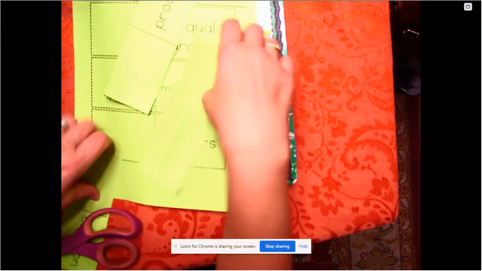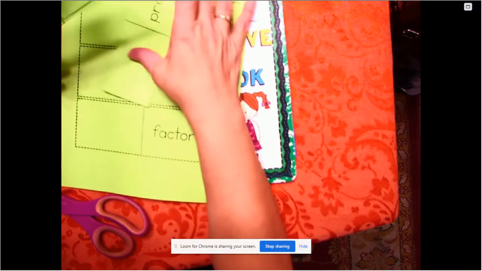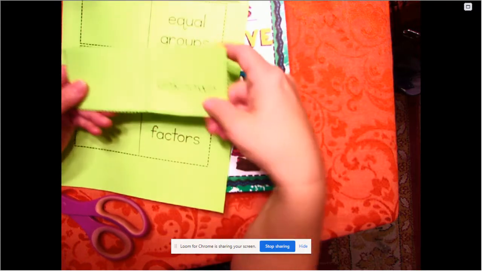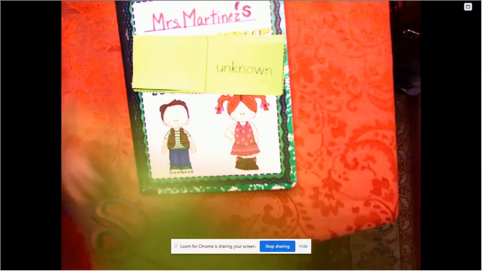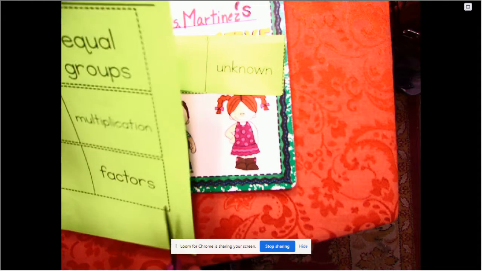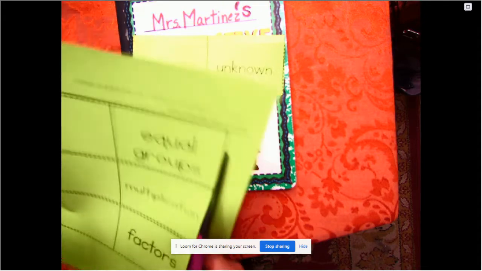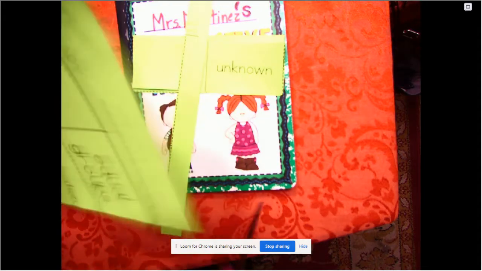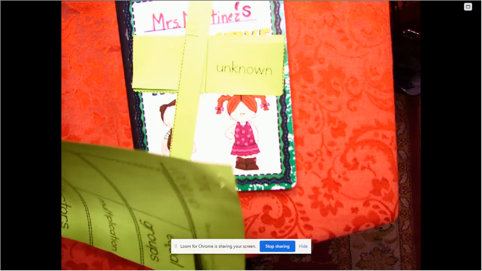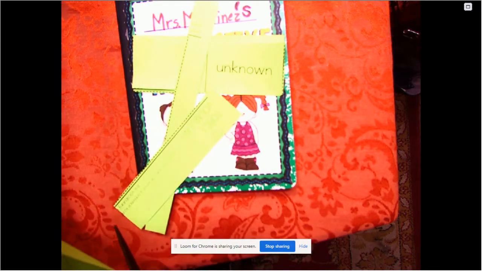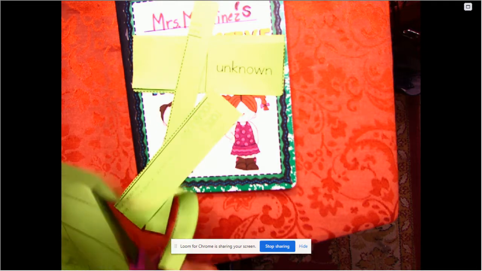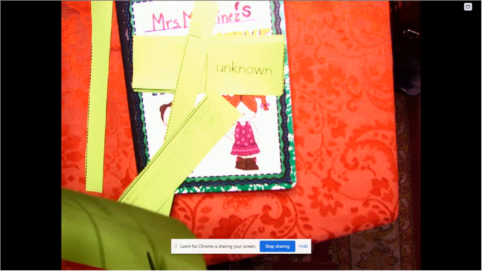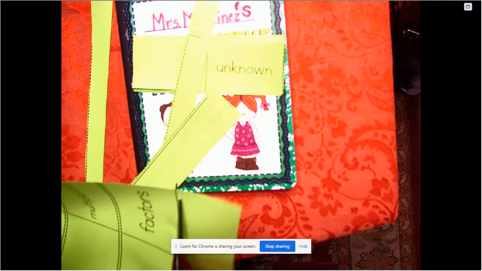Okay, so then you have these 3 already done. You can put those to the side. And let's cut the other 3 out. And then what we're going to be doing is we're going to be gluing each of these into our book.